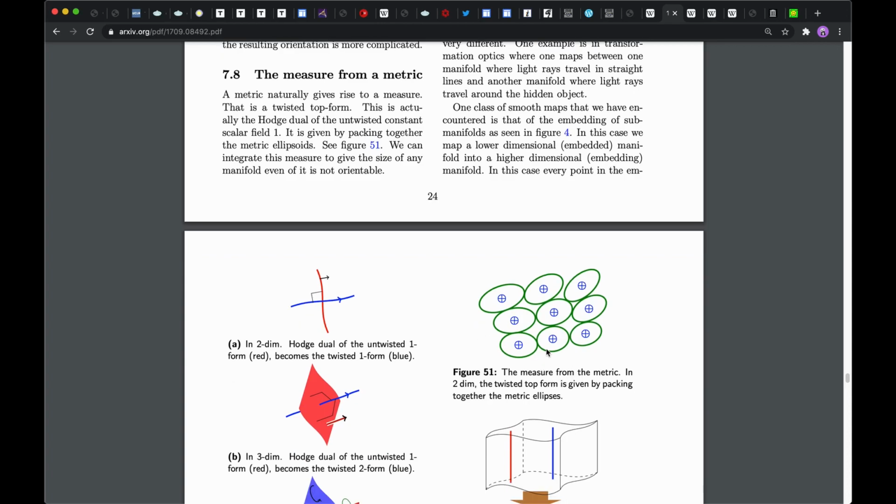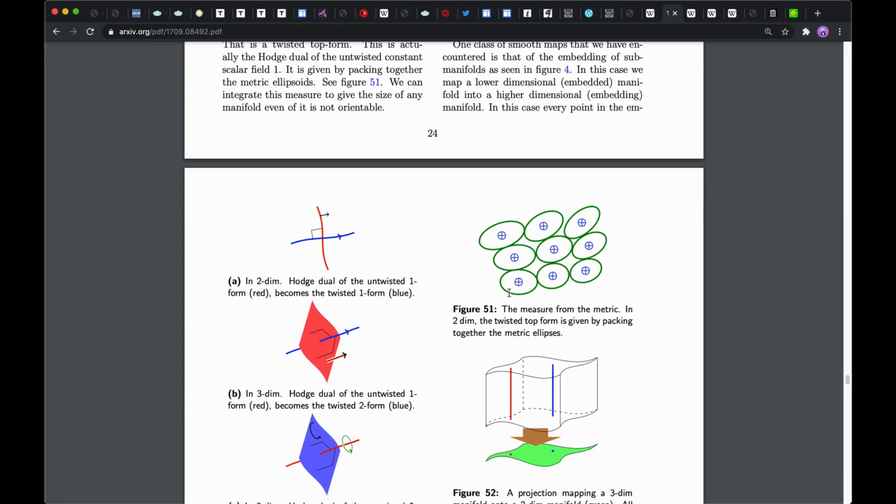And therefore, imagine that you have some kind of manifold, and you can apply the metric to every point in it, and you can cover with some kind of maximal precision all of the manifold using those small ellipses measured by the metric.